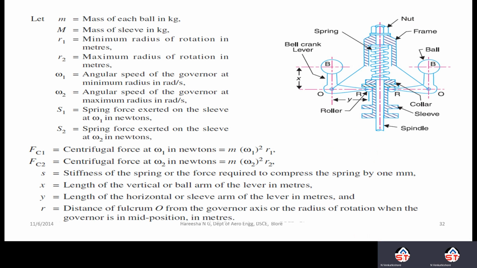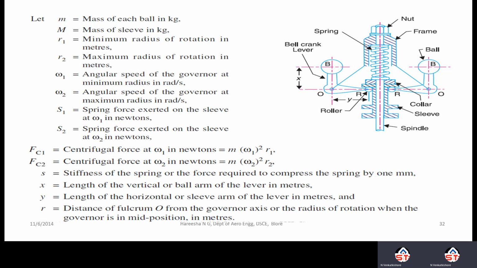Let m be the mass of each ball, and capital M be the mass of the sleeve. R1 is the minimum radius of rotation and R2 is the maximum radius of rotation. Omega 1 is the angular speed of the governor at minimum radius, and omega 2 is the angular speed at maximum radius.